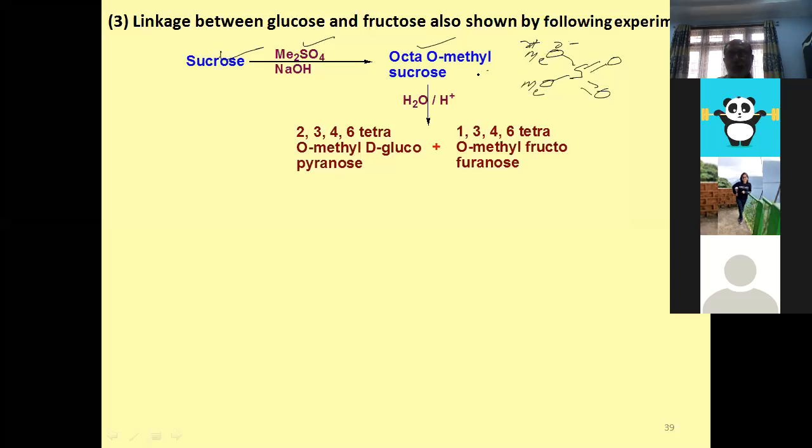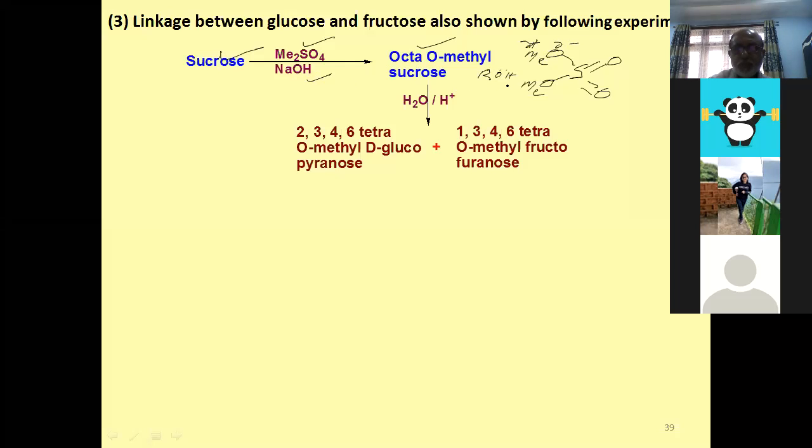As a result, any alcohol, suppose we have alcohol here, ROH, with a lone pair, but we are using sodium hydroxide. So a little bit of the H of the alcohol will be picked up by sodium hydroxide.